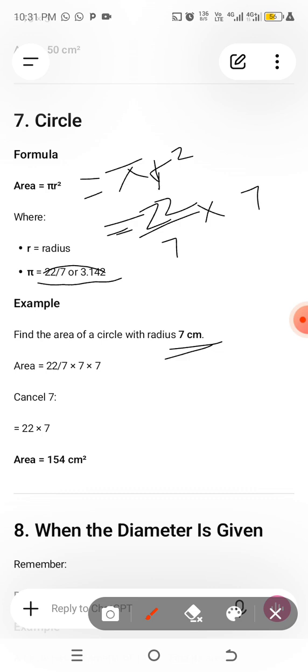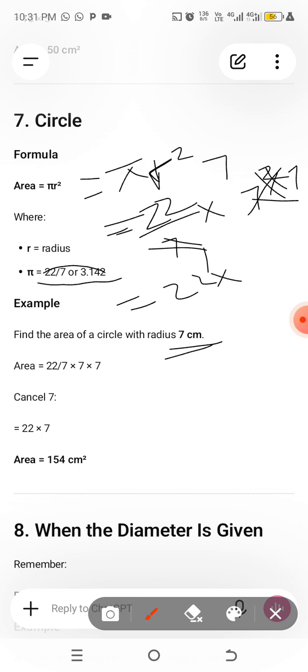Remember this is r square, so you put 7 square. 7 square is the same as 7 times 7. If 7 cancels one 7, it will remain another 7. So that would be 22 times 7, equal to 154 centimeter square. Do you understand?